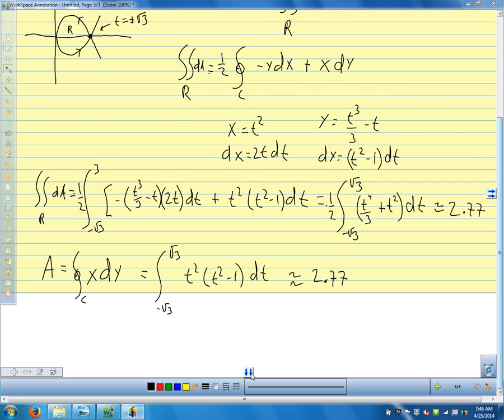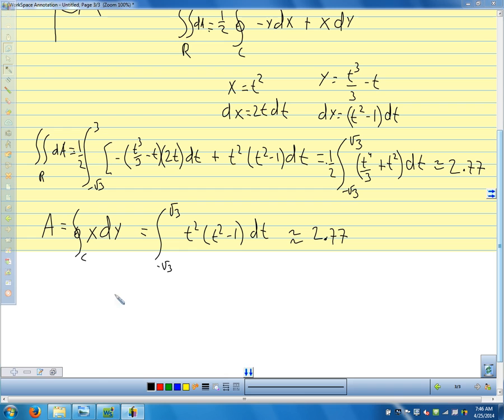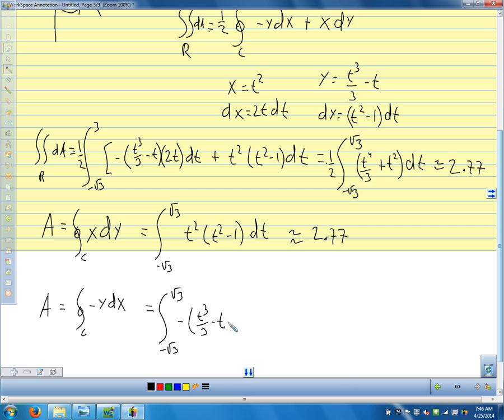And we could also pick, this one is not quite as easy. This one is probably the easiest one, x dy, just because x is pretty easy and dy is pretty easy. We could also say that the area is the line integral around our curve of negative y dx. That one would give us the integral from minus square root of 3 to square root of 3 of negative t cubed over 3 minus t times 2t dt.